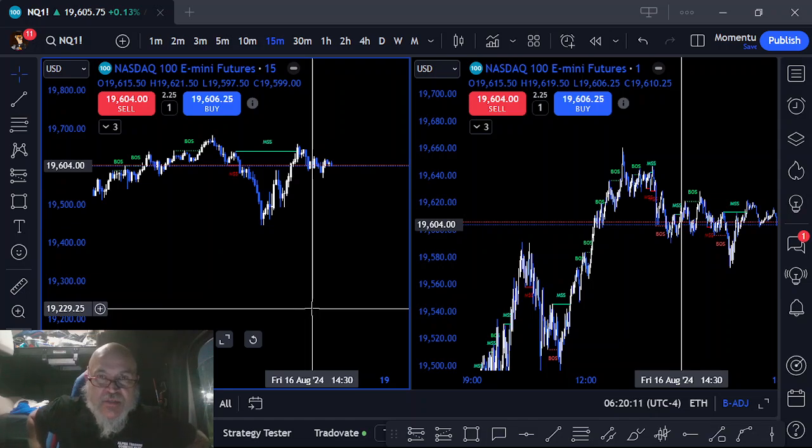I'm kind of a mesh, in between the two. Yes, you need to have rules on your strategy and you need to follow those rules. But at the same time, I think once you've been watching charts for thousands of hours, you need to kind of let your intuition play a part in your trading as well. Maybe not so much in your entries, but once you're in a trade, you need to kind of let that side out a little bit.